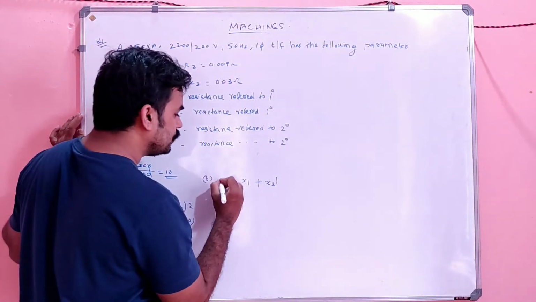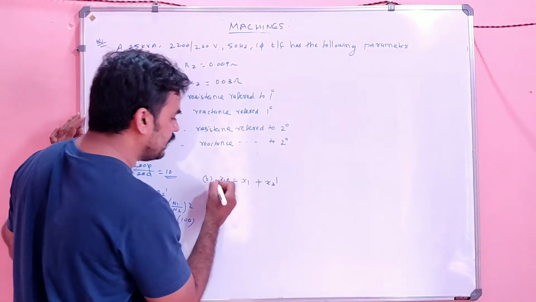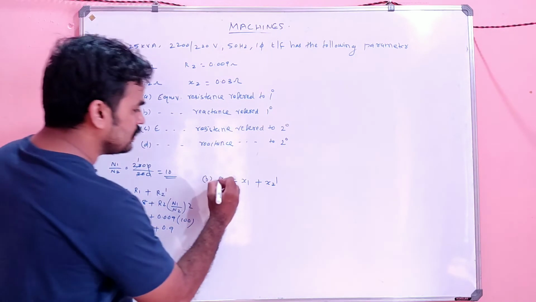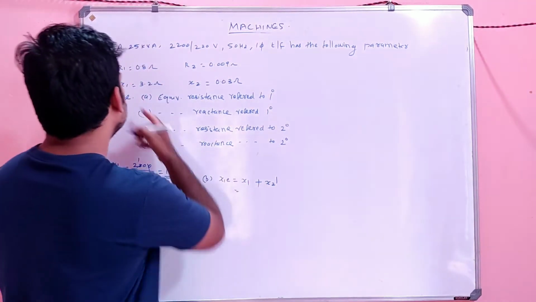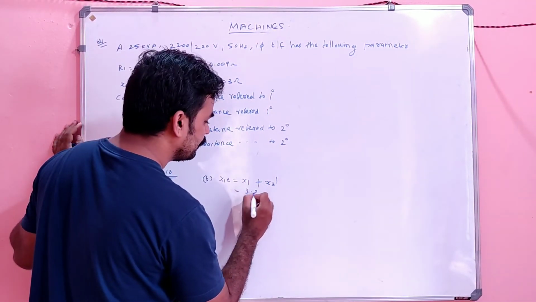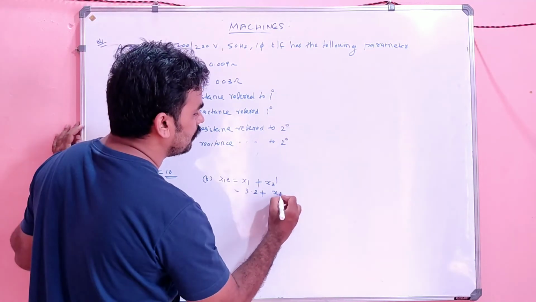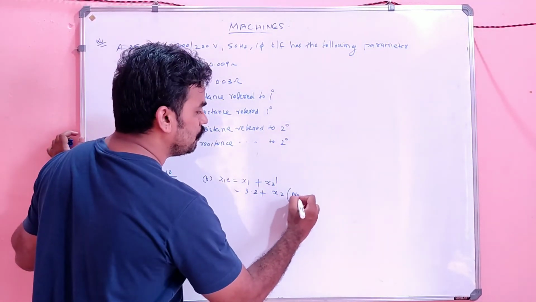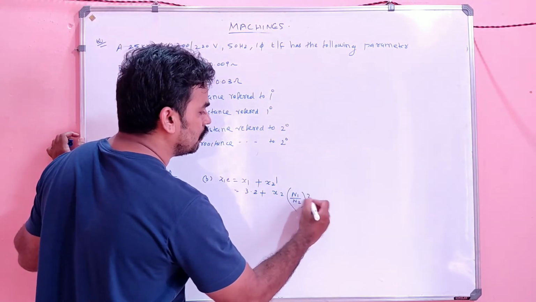So it will become total X1E. So X1E is nothing but equivalent reactance referred to primary, which is X1. What is X1? 3.2 plus X2 dash, which is X2 into, to what side are you coming? To the N1 side, right? So N1 by N2 the whole square.